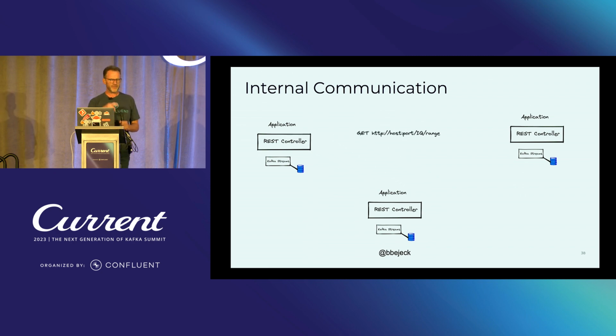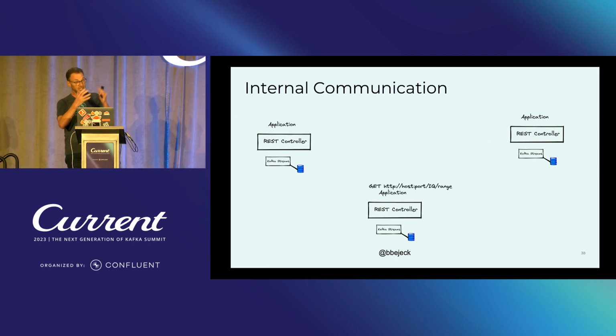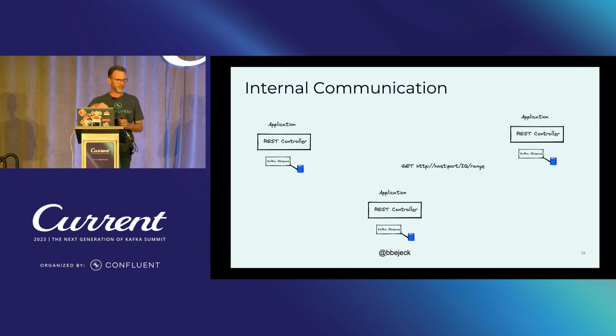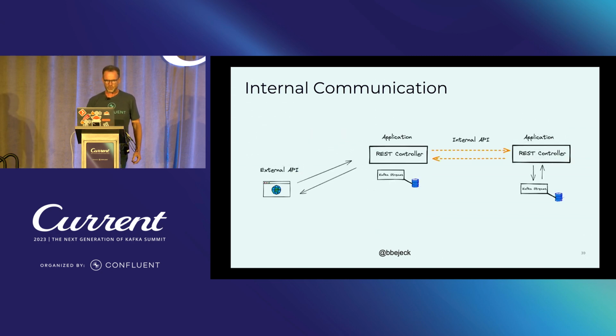So it ended up in this infinite loop because each instance would accept the request and then turn around and determine who the other members were and start issuing queries. So it was just this giant infinite loop. So what I determined is it's really best to have an external API and an internal one, because when one Kafka Streams instance is querying another, you want to treat it differently than if it's coming from an external client.